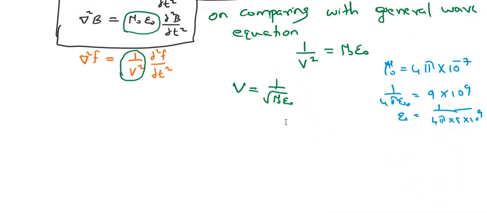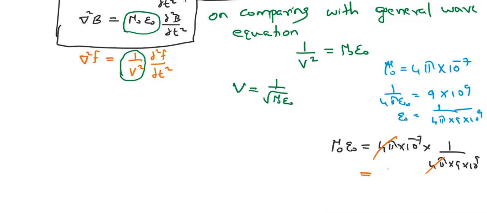Okay, let us substitute. Before substituting separately, let us find the value of mu 0 epsilon 0: 4 pi into 10 power minus 7 into 1 by 4 pi into 9 into 10 power 9. The 4 pi cancels. Coming up, we get 10 power minus 16 divided by 9.